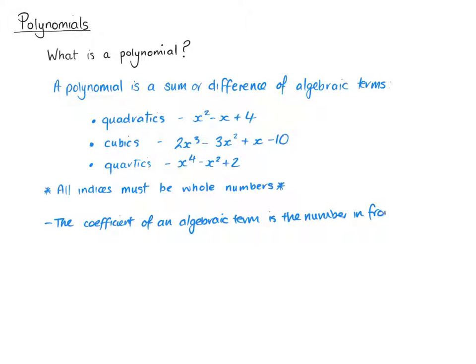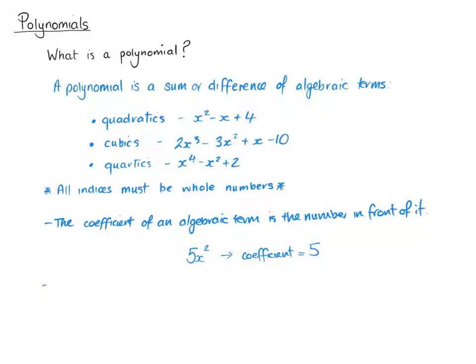For example, if I have 5x squared, the coefficient is the number in front of the x, so the coefficient is 5. The coefficient is always the number in front of the algebraic term.